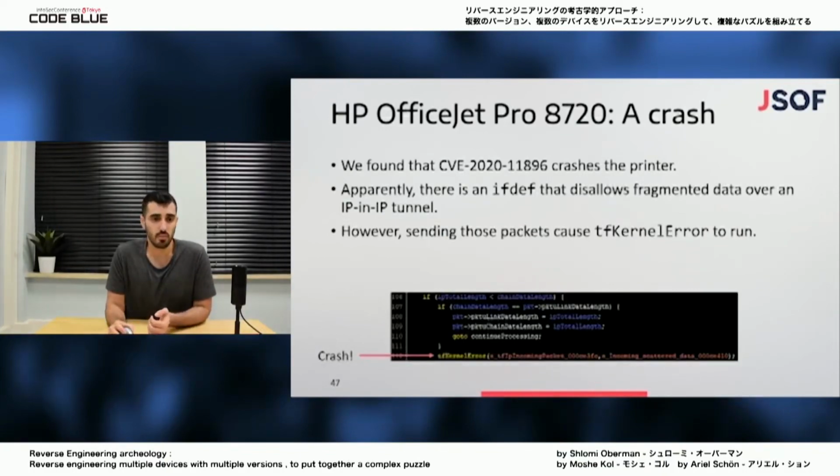You can see in the snippet here that the same condition that should cause an inconsistency that leads to remote code execution now causes the tf_kernel_error function to be executed. And when tf_kernel_error is executed, it causes a kernel panic on HP printers. So this causes a printer crash.